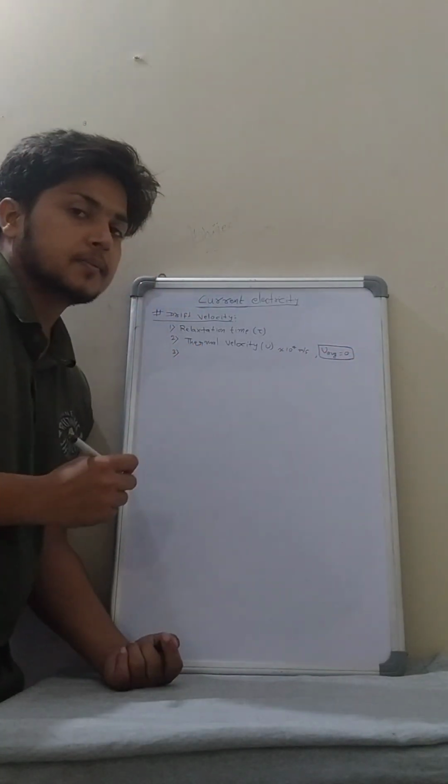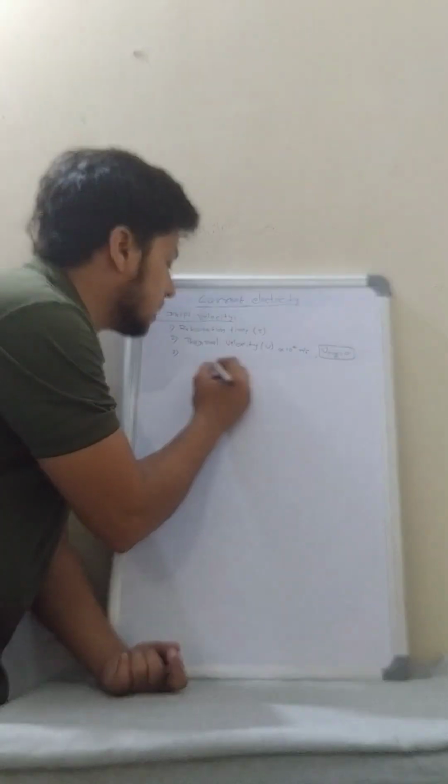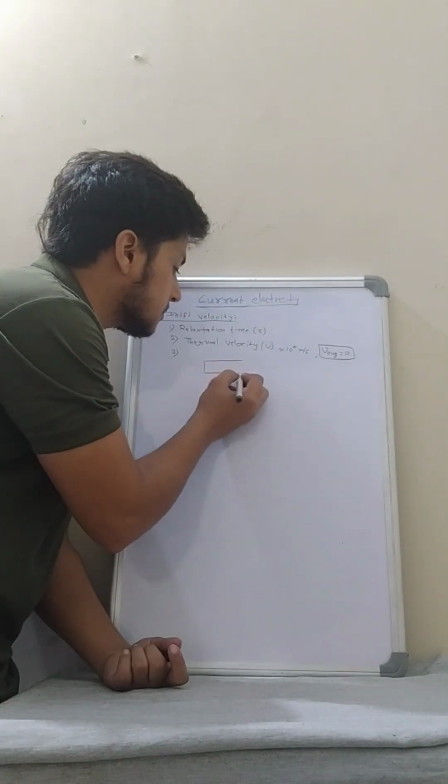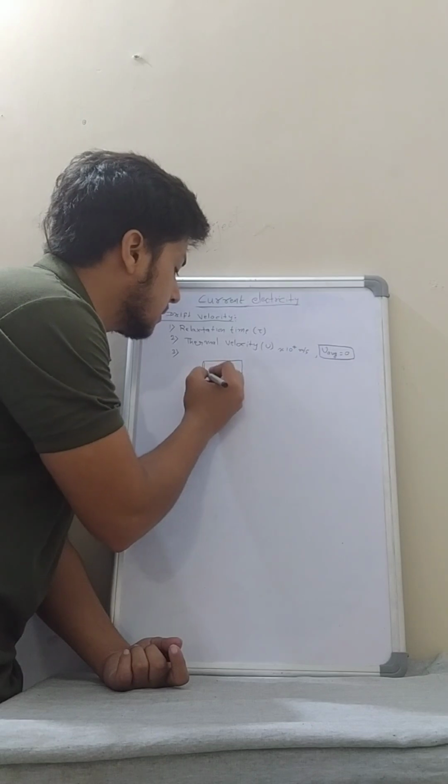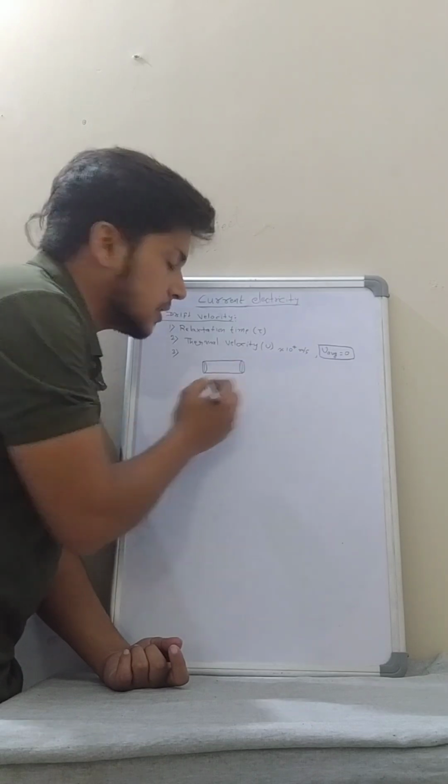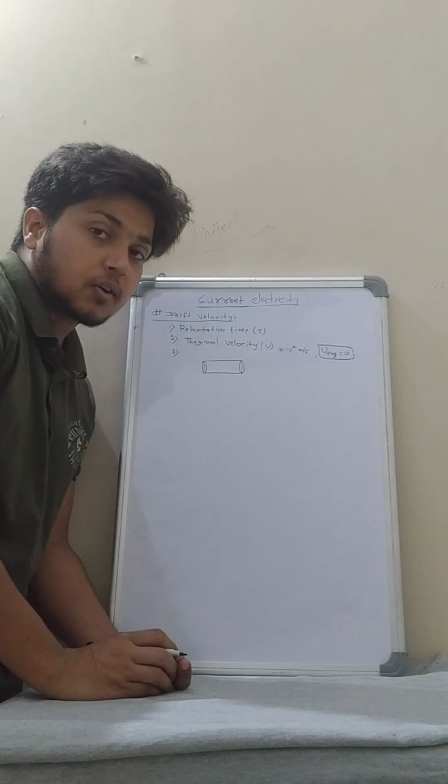The third thing: suppose this is a conductor. This conductor will have many free electrons.